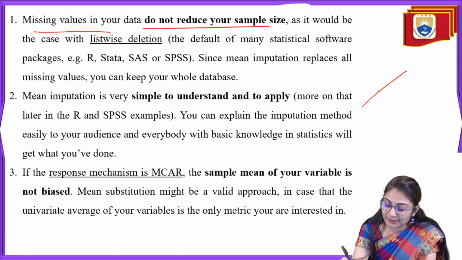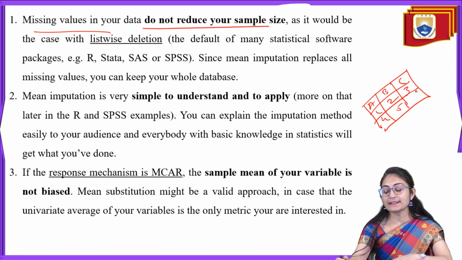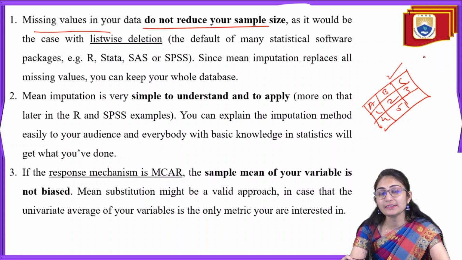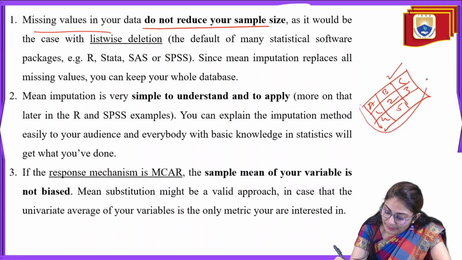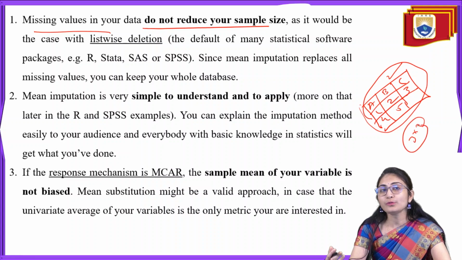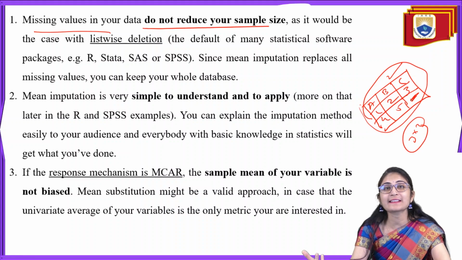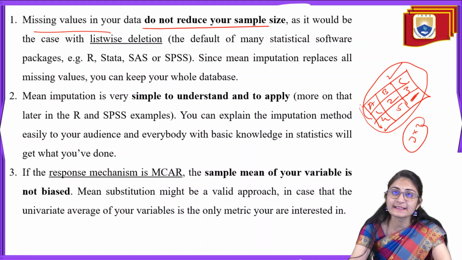So for example, this is your table: A, B, C, 1, 2, 3, 4, 5, like that. We have one table, and its size is 3 by 3. So if one value is missing, it is not reducing the size of the table.